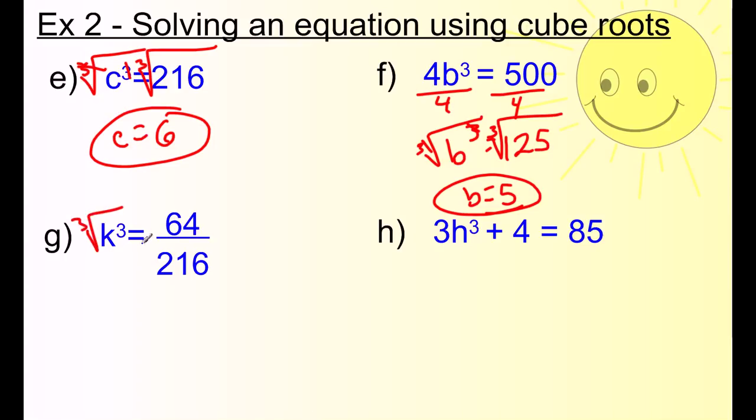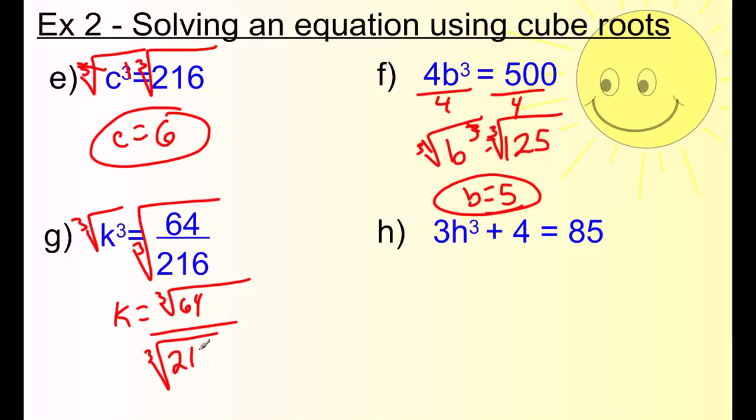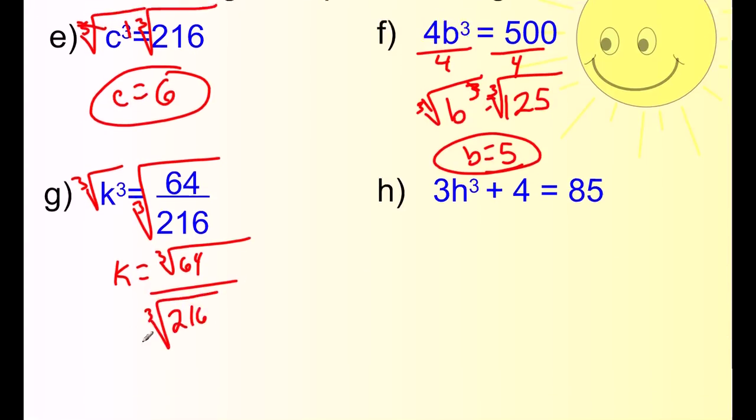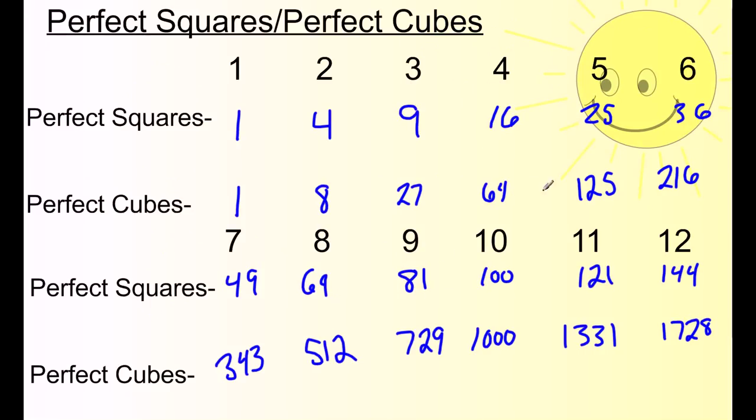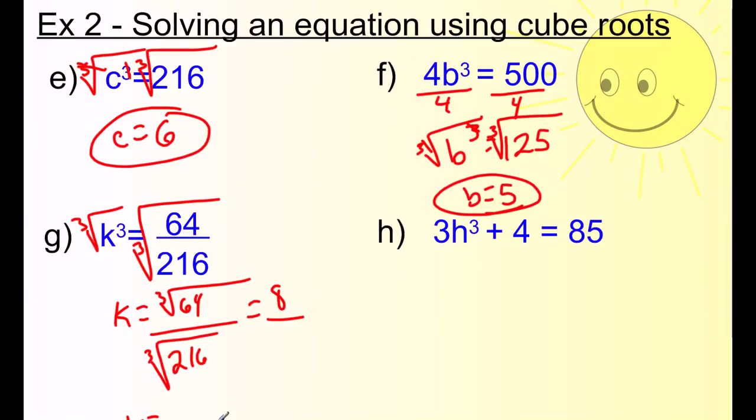Cube root. So we got k over here, and on this side we have to break it down into the top and the bottom. And let's see, k equals, the top gives me 8. Cube root of 64 is 4.